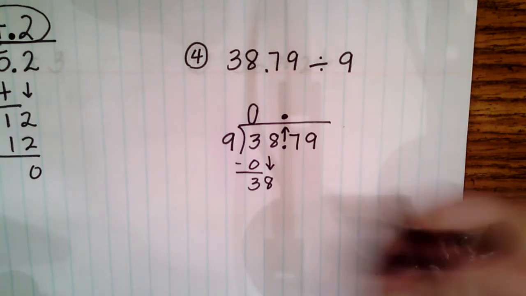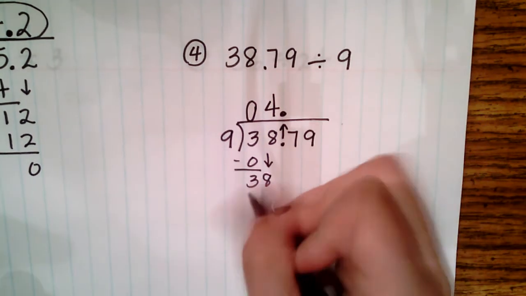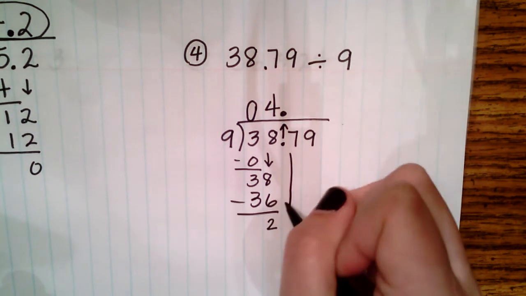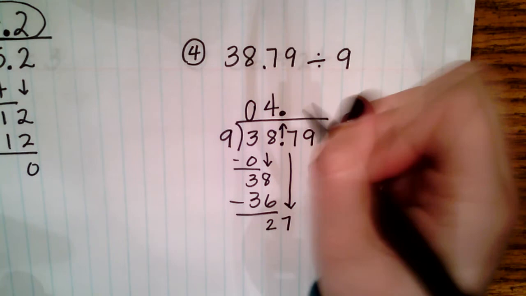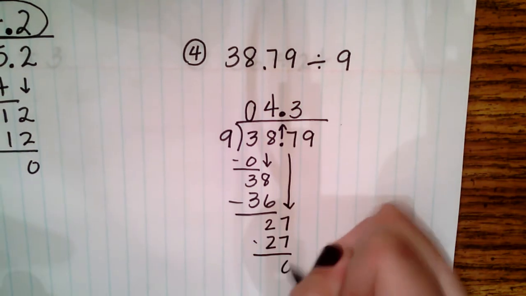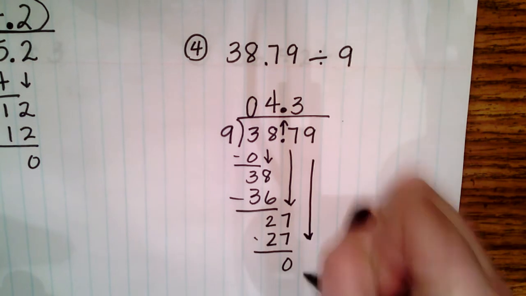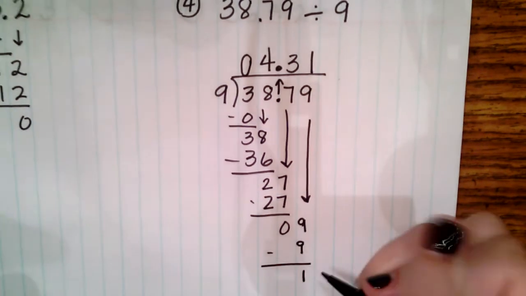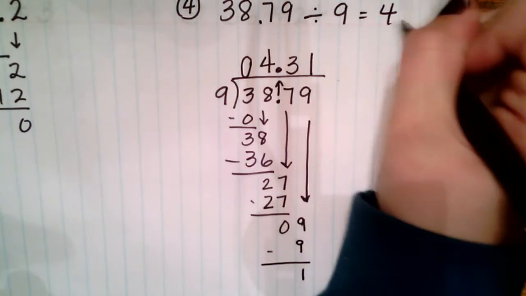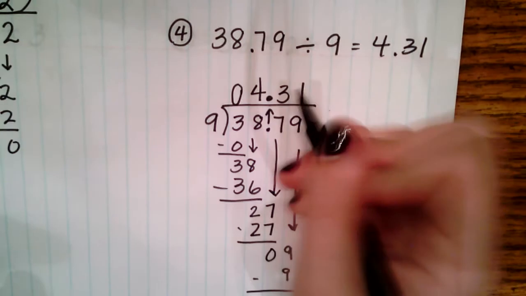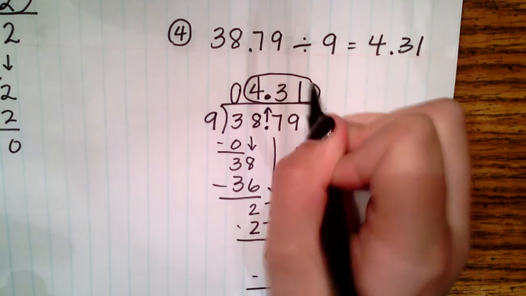Now I think 38 divided by 9 is 4. 27 divided by 9 is 3. And 9 divided by 9 is 1. So my answer is 4 and 31 hundredths. Right? I ignore the 0.